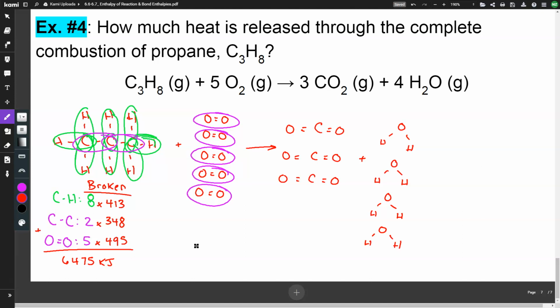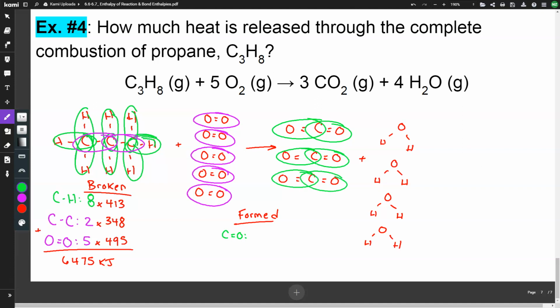And then our bonds formed. We're going to do the exact same thing. For our bonds formed, we have a carbon-oxygen double bond. We have 1, 2, 3, 4, 5, 6 of those. For our waters, we have an oxygen-hydrogen bond.